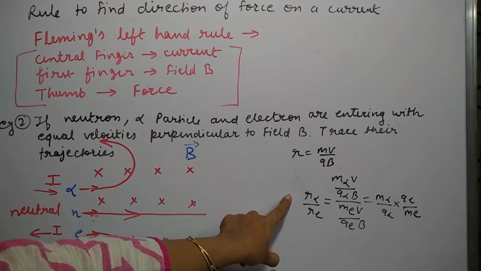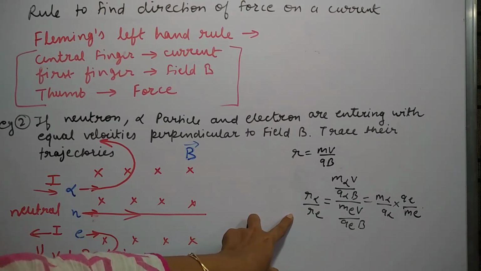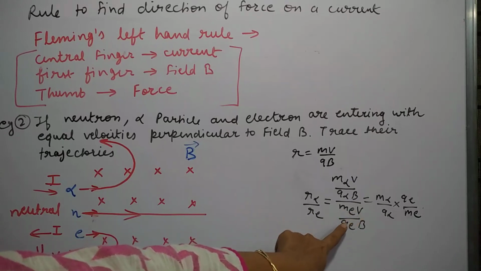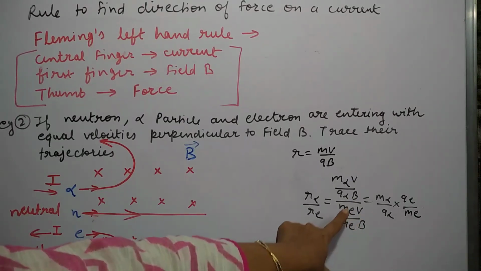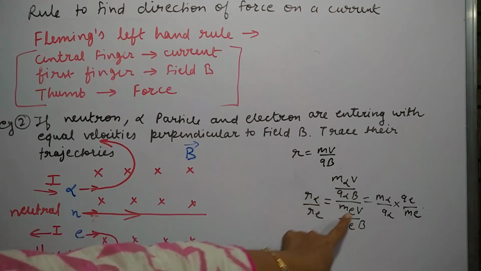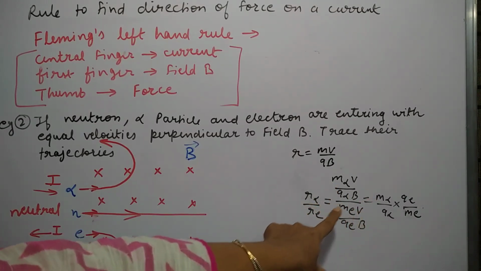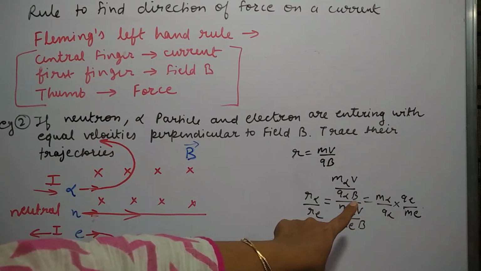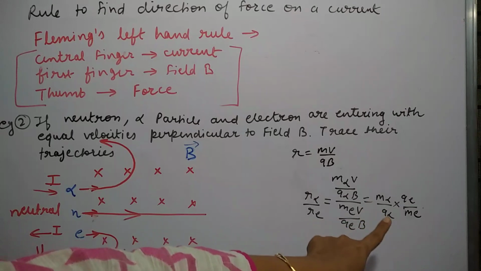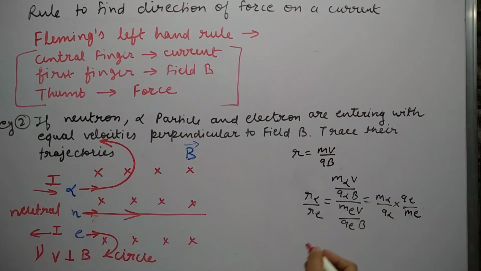We know that if we get the ratio of radius of alpha and radius of electron, it is m alpha v alpha upon q alpha B, and m e v upon q e B. Now velocities are same, magnetic fields are same, so these cancel in the ratio. And obviously alpha particle is a heavy particle, so its mass is very big in comparison to electron. So obviously the radius of alpha will come greater than radius of electron.